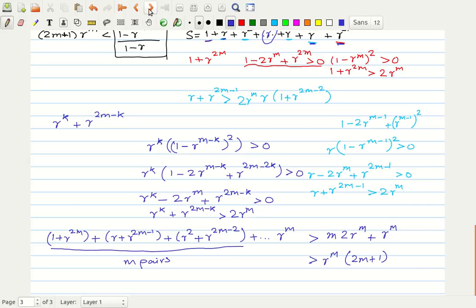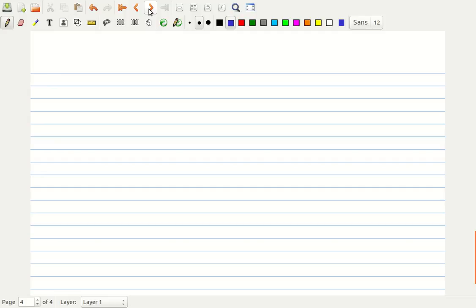We have already proven that (2m plus 1) r to the power m is less than (1 minus r to the power 2m plus 1) divided by (1 minus r), and therefore we can prove whatever the statement of the problem was.